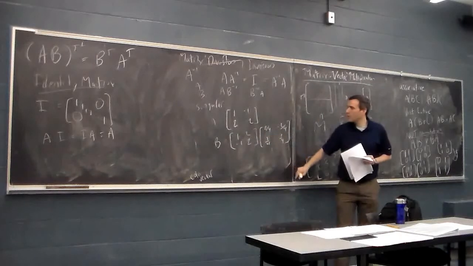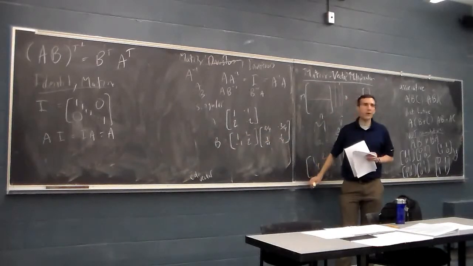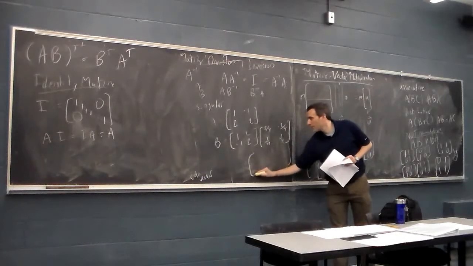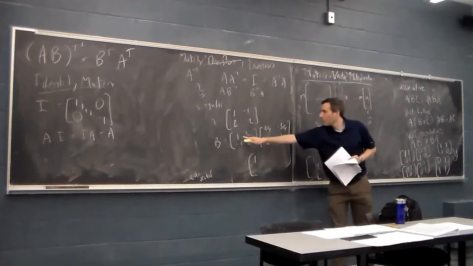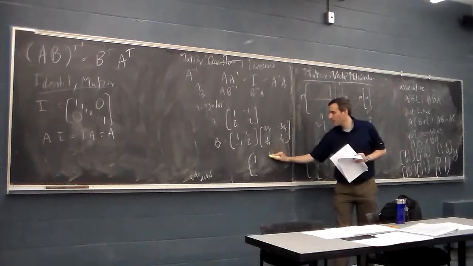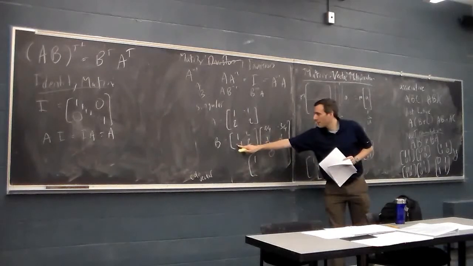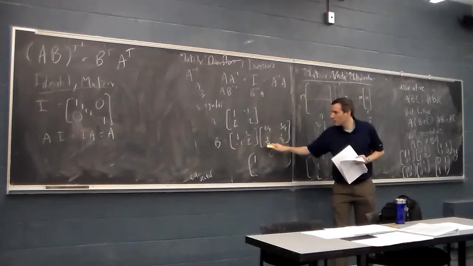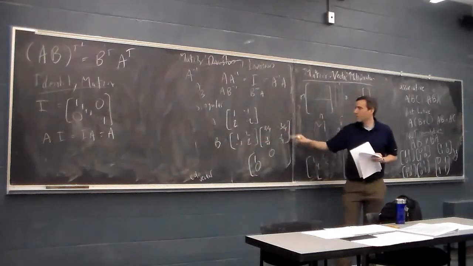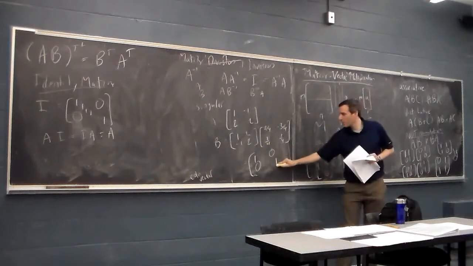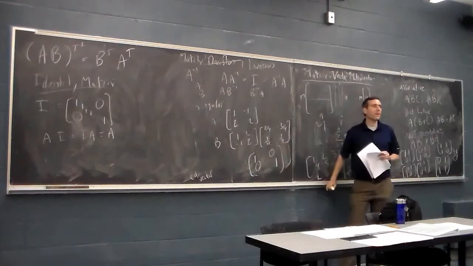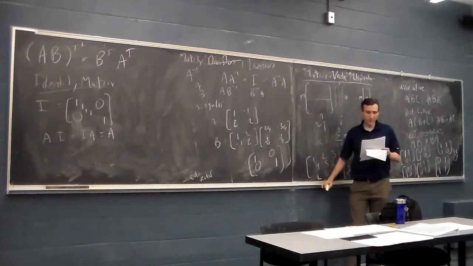So 1 times 2/4 plus 2 times 2/4 is 2/4 plus 2/4, or 1. 1 times -2/4 plus 2 times 2/4 is 0. -1 times 2/4 plus 2 times 1/4 is 0. And -1 times -2/4 plus 2 times 1/4 is 1. So we can verify that multiplying these together gives you the identity matrix, which tells you that this is the inverse.